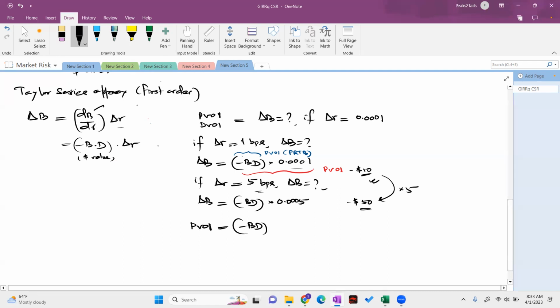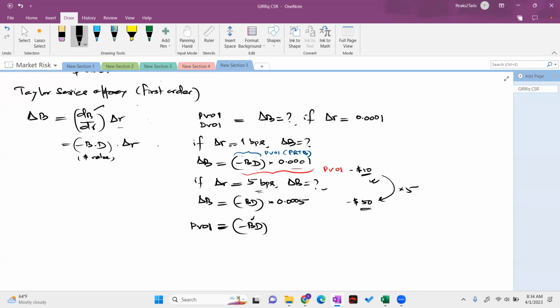Minus BD, which will be a big value actually, because you are multiplying the value of the bond and the duration. That is not the change in value of the bond price if the interest rate changes by 1 basis point. You still have to multiply by 0.0001 to get that change.